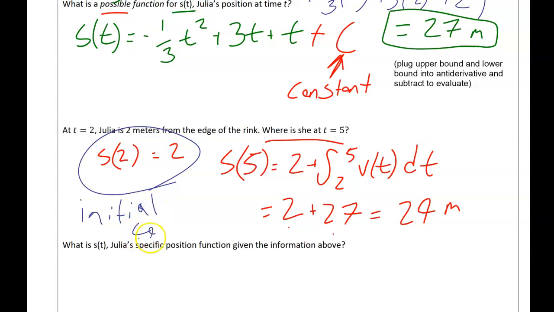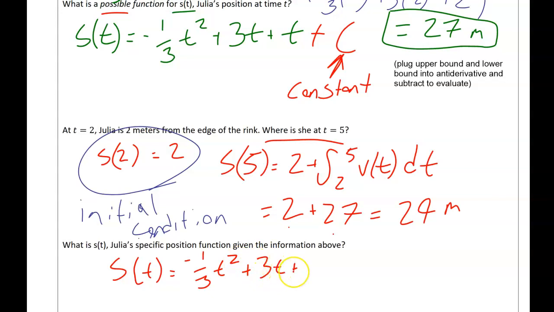So without this, we did not know enough to figure out my function S, but now we do, because we know that S of t is equal to negative 1/3 t squared plus 3t plus c, and we know that S of 2 is 2, right?